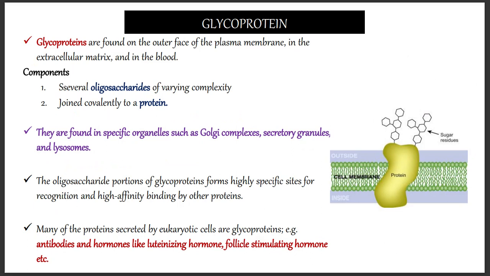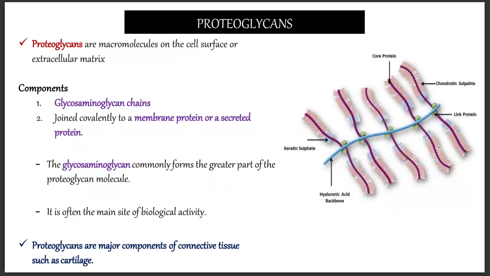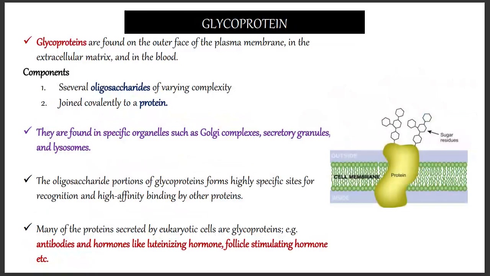The other one is the glycoprotein. Now, what is the difference? Proteoglycan is protein and carbohydrate. Glycoprotein is carbohydrate and protein. What's the difference? The only difference is that the kind of carbohydrate used in a glycoprotein is an oligosaccharide, which is a saccharide having about 2 to 10 monosaccharides.